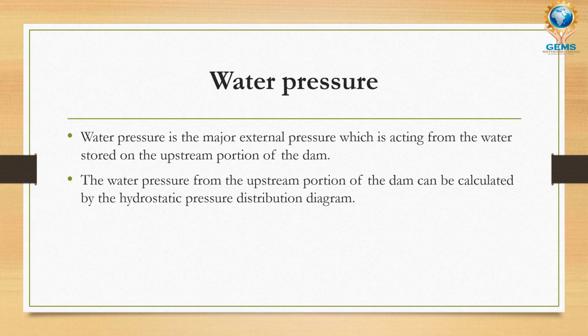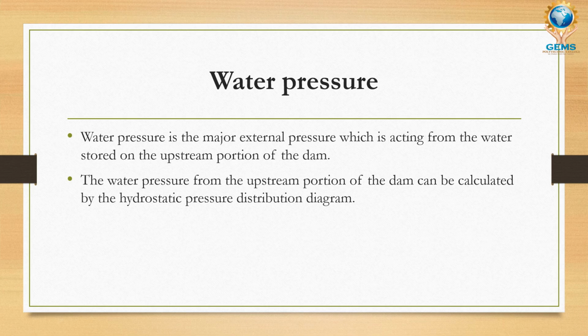The second point is that the water pressure from the upstream portion of the dam can be calculated using the hydrostatic pressure distribution diagram. What does a hydrostatic pressure distribution diagram mean? The force on the dam is considered to have a triangular shape.